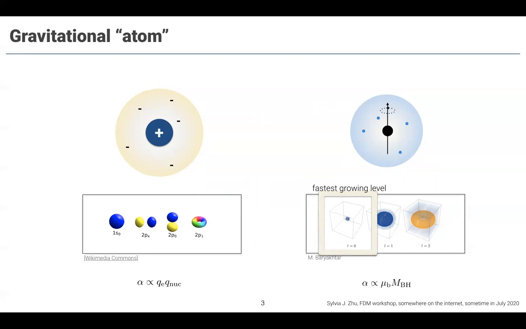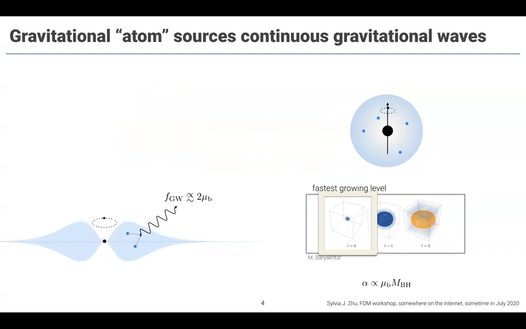Similar to the classical atom, there is what we can call a fine structure constant, alpha, which defines the properties of how this cloud grows and how the cloud emits gravitational waves. This alpha is defined only by the combination of the black hole and boson masses. Here's where I'm going to get a little bit hand-wavy, but if the particle does not have a very strong self-interaction, or self-coupling, then this cloud grows stably.